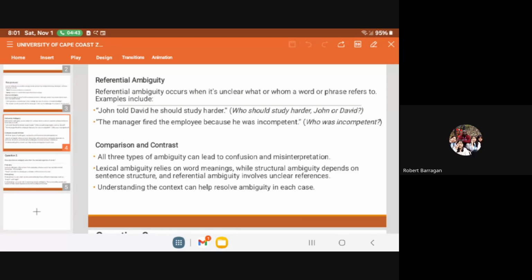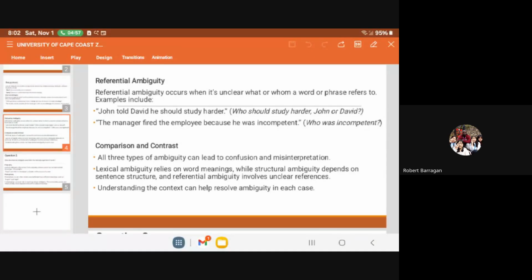Now, the comparison between these three: all three types of ambiguity can lead to confusion and misinterpretation because of the nature of the words in the sentence. Lexical ambiguity relies on word meanings.